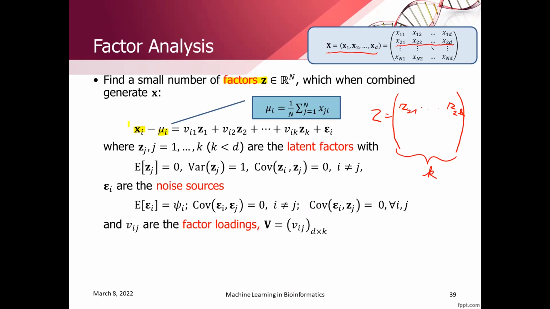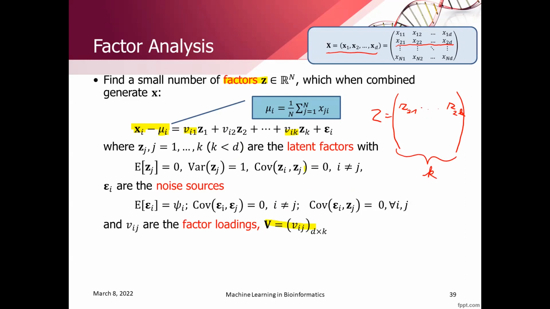So we suppose that the data, the left side, is centered. It is composed of factors z1 till zk times the so-called loadings, which are coefficients v i1 till v ik. What is interesting, the loadings V are actually a matrix of dimension d times k, where k is the lower dimension, the number of factors.